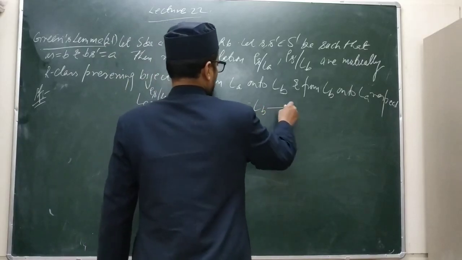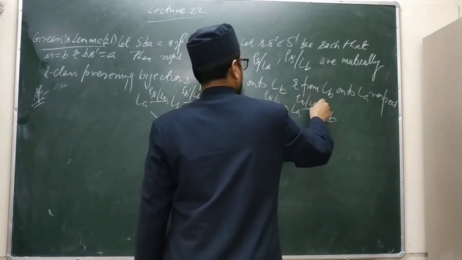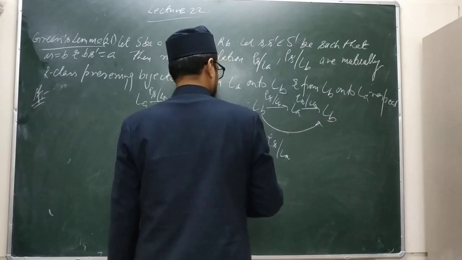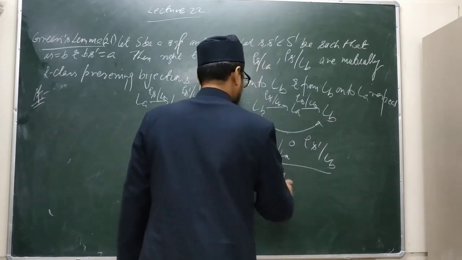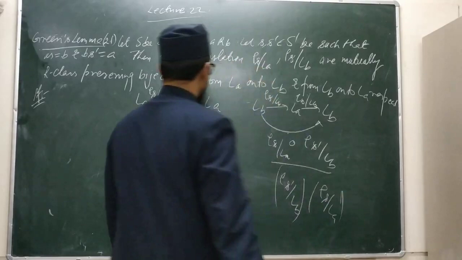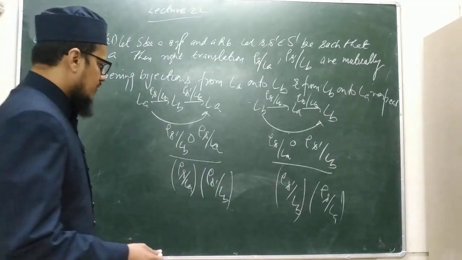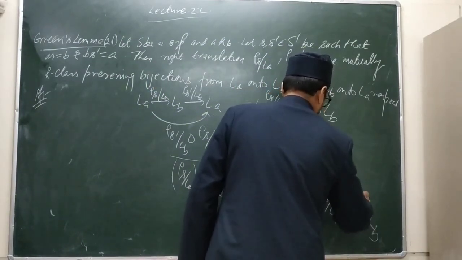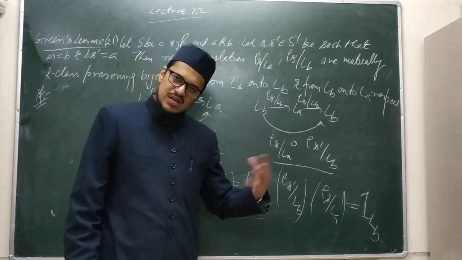And also L B to L A, then L A to L B. L B to L A means rho s dash by L B and rho s by L A, correct? So it is rho s by L A composition rho s dash by L B, and we write it as rho s dash by L B into rho s by L A. So in order to show that rho s by L A and rho s dash by L B are bijective maps, we have to show that the first composition is equal to the identity map 1 L A, and the other is equal to the identity map on L B. If we are able to show that F composition G is the identity map and G composition F is the identity map, correct?